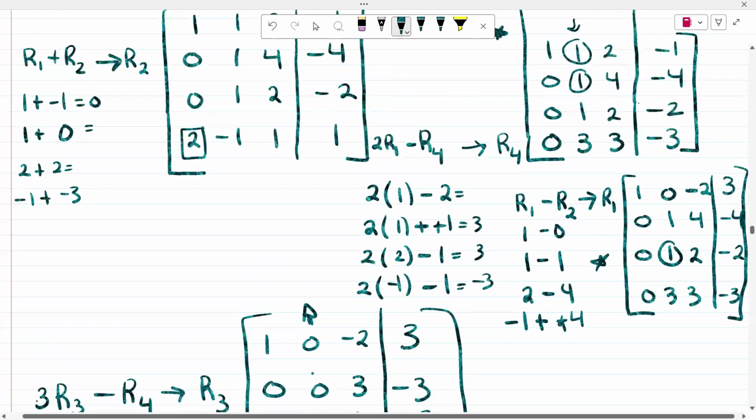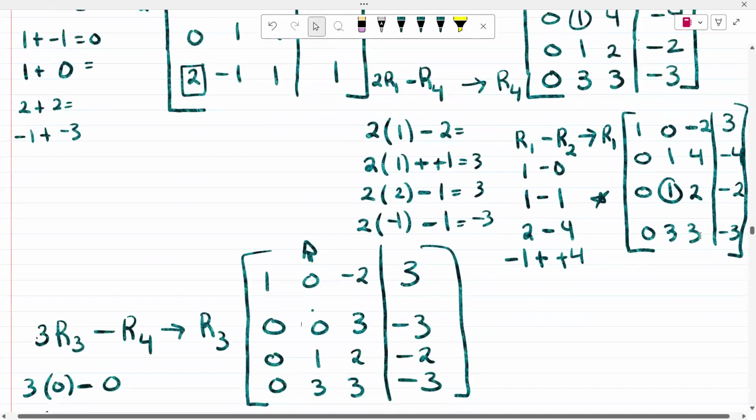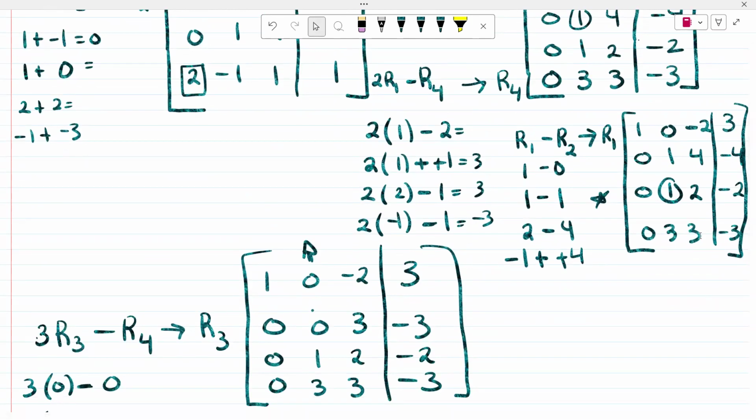Yeah, so it's very easy to make a mistake. I'm just looking at my notes, and yeah, I made a mistake right here. Let me erase. It's very easy to make a mistake.